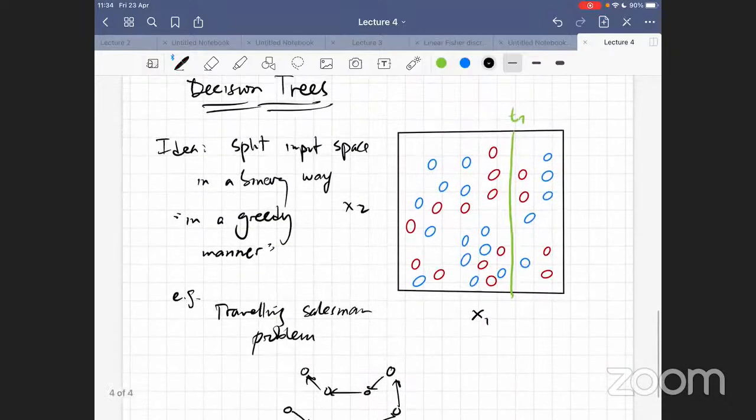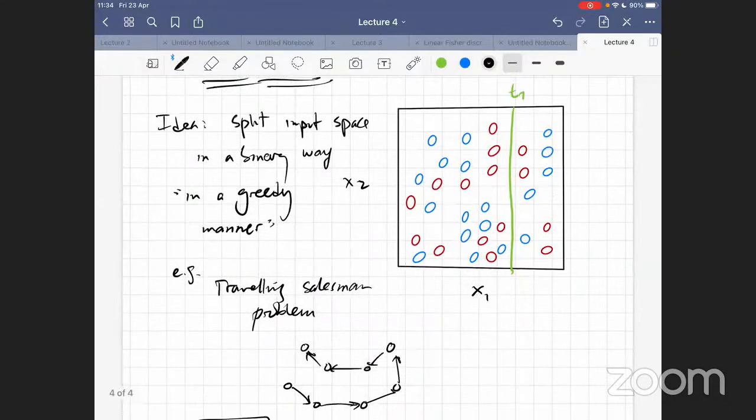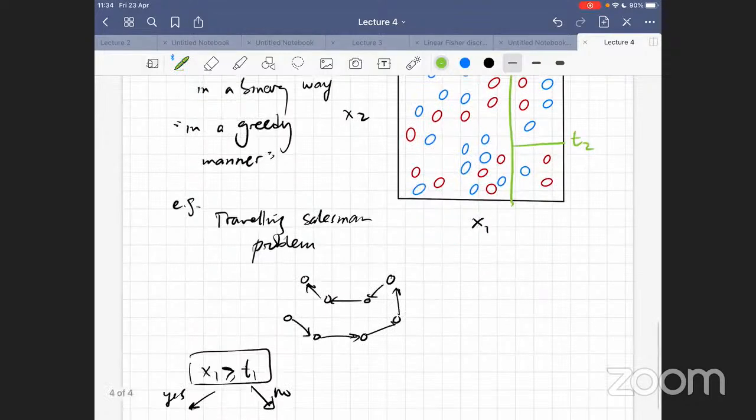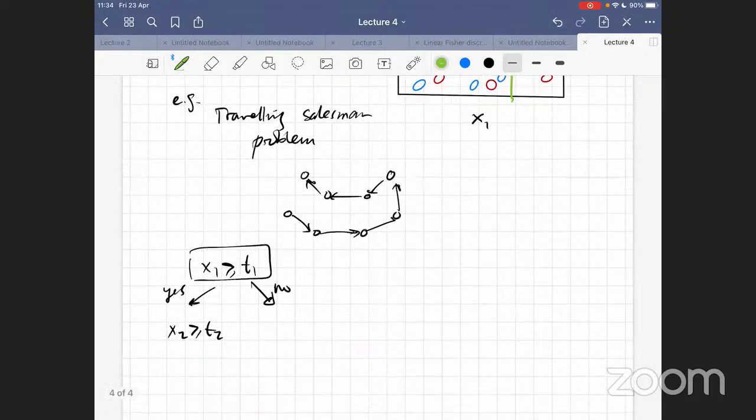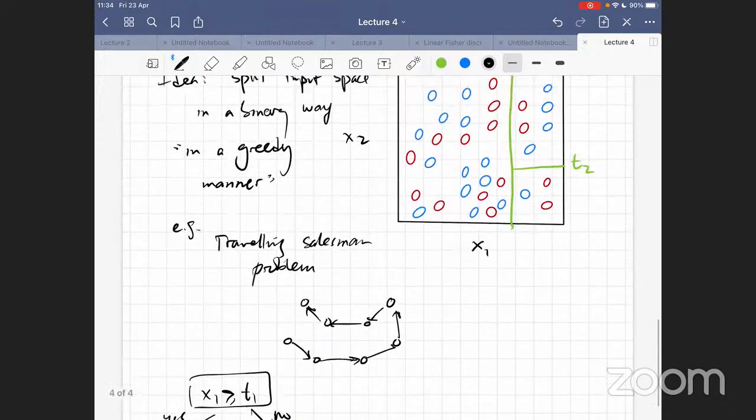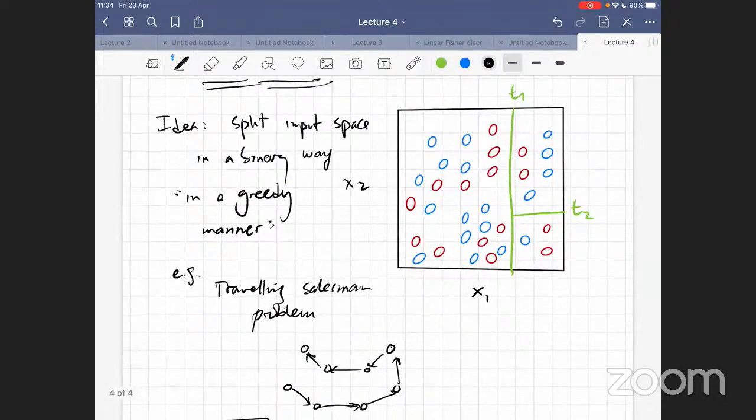If yes, then I may decide, for example, this decision boundary. If not, I may decide instead to split again variable x1, and variable x1 is going to be split, for example, like this.